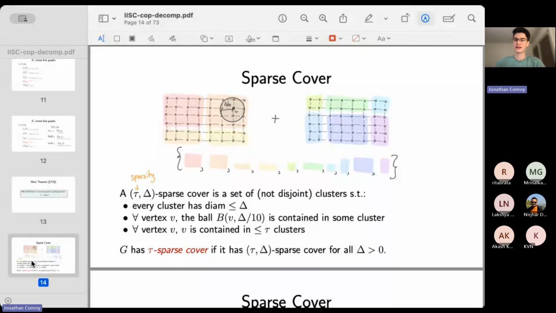Okay, and the measure of quality of sparse cover is this parameter that I'll often denote by tau, called the sparsity. And the guarantee is that any vertex in your graph should be contained in at most tau clusters. And again, I'll just use this notation that a graph has a tau sparse cover if it has a tau delta sparse cover for all choices of this parameter delta.